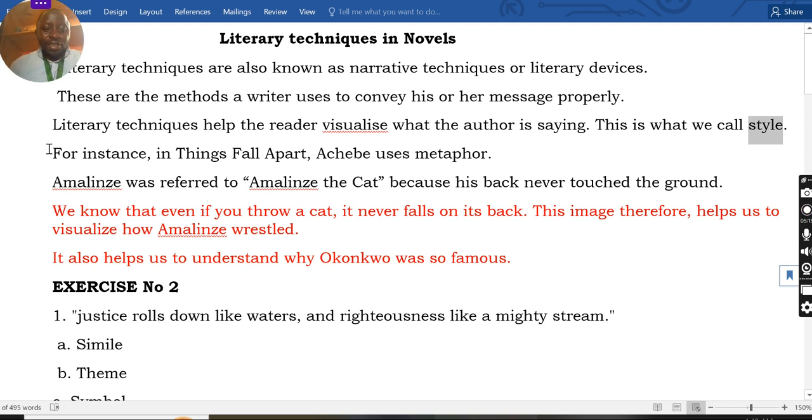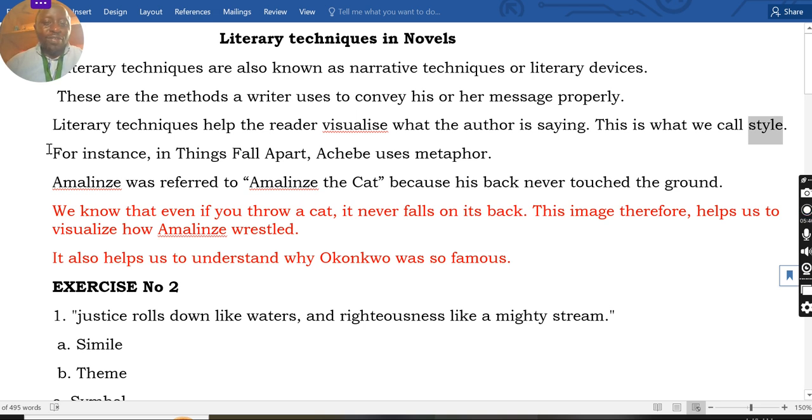The metaphor refers to a character called Amalinze, who was compared to the cat. Why do they say Amalinze the Cat? It means Amalinze was like the cat. And why is Amalinze like the cat?